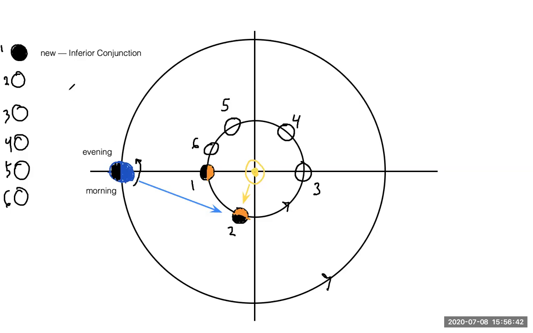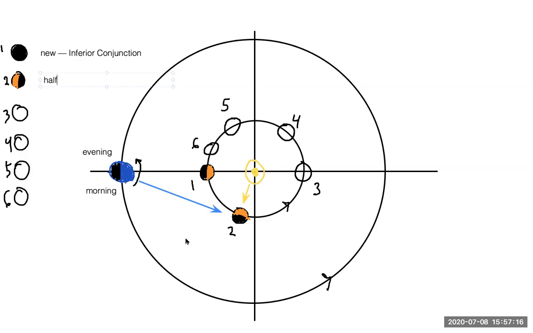So the right half is in shadow and the left half is being lit up. So the phase here is half. We don't call it quarter because it doesn't take place a fourth of the way through the cycle. It's just called half.